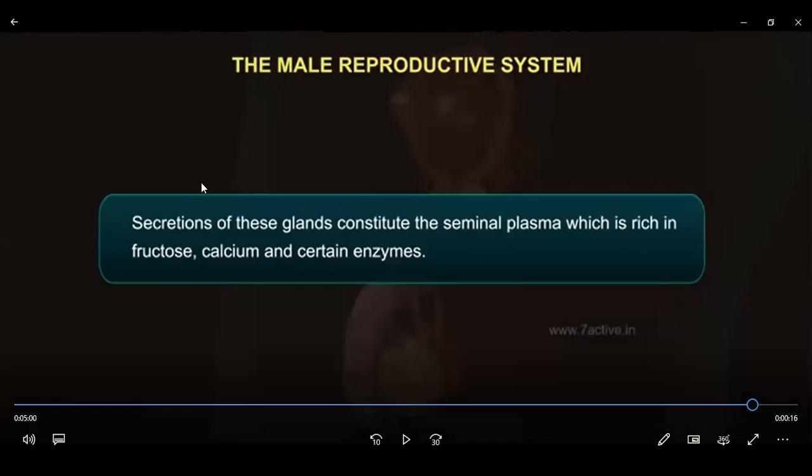So I'm going to bring up a diagram shortly, and I'm going to see how best you are going to be able to label the male reproductive system. Just waiting for it to load up.